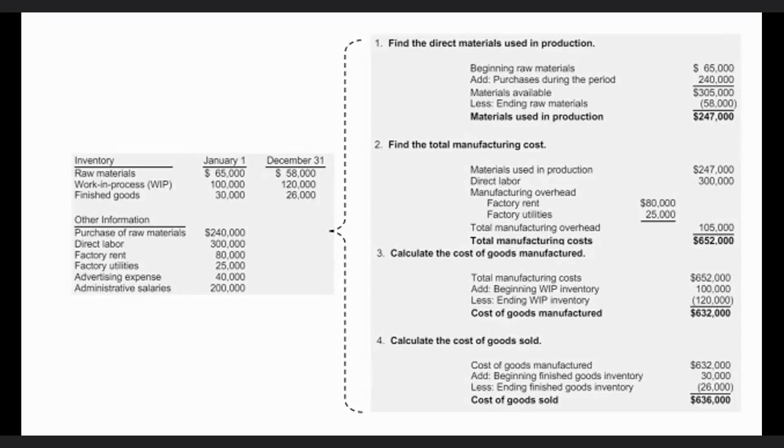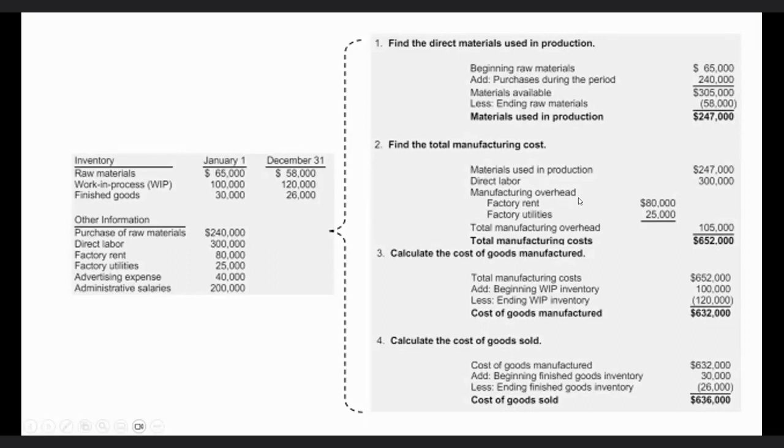The second step, to find the total manufacturing cost. Materials used in production, we will take it from the calculation in the first step. And then we will add the direct labor and manufacturing overhead.